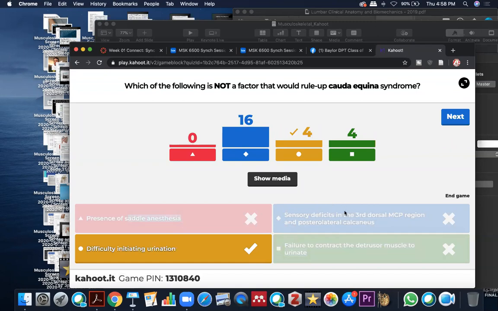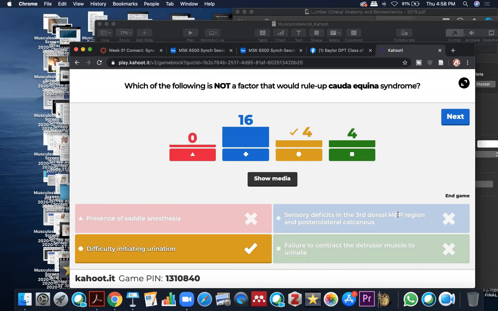And then in terms of the sensory deficits, I was just thinking of the dermatomes. L2 is mid-thigh, L3 is medial knee, L4 would be medial malleolus. And the third dorsal metacarpo, that is my fault. I wrote that really fast. If anyone put this one, that actually would be false. I meant metatarso-phalangeal region.